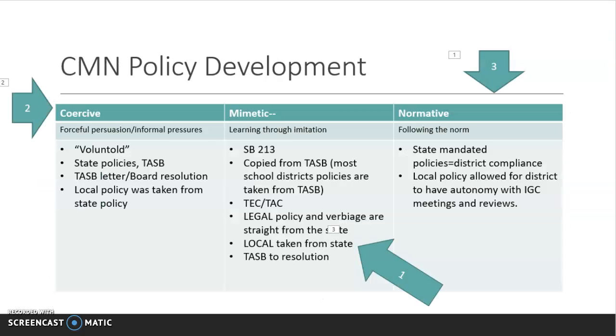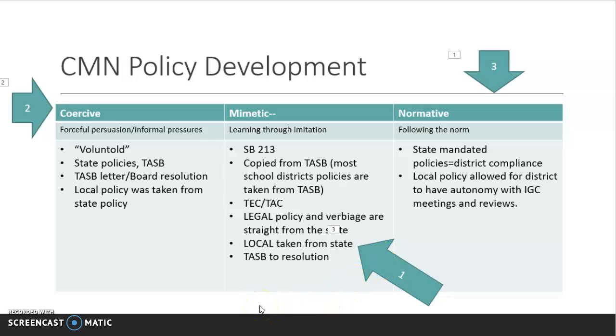CMN policy development: coercive, mimetic, and normative. I liked putting this into the piece, as it helped me frame what I was seeing and how they were implemented in our district and which form of policy they fell under. I definitely think one stands out more than the others, which is mimetic.